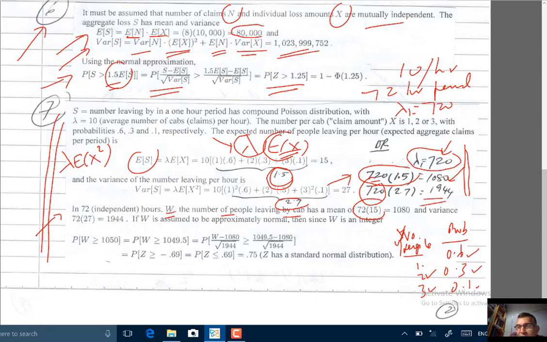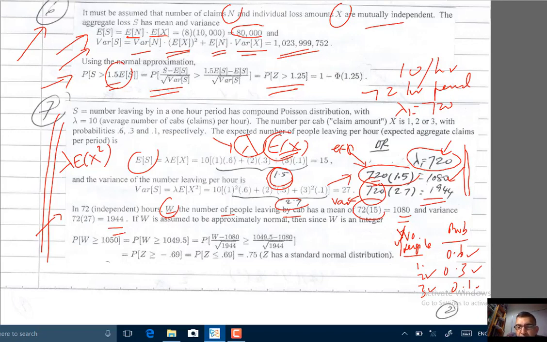So now you have your expected value and your variance. I'm working in 72-hour periods, so W, the number of people leaving by cab, has a mean of 1080 and a variance of 1944. You can work it out the way that they have done it.